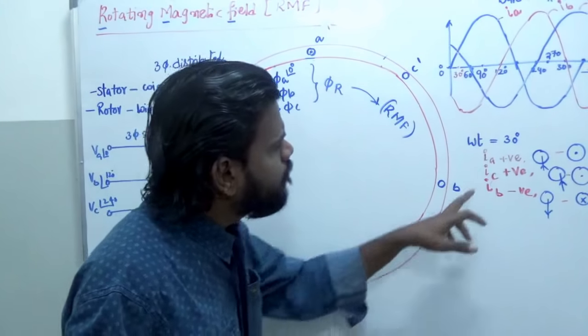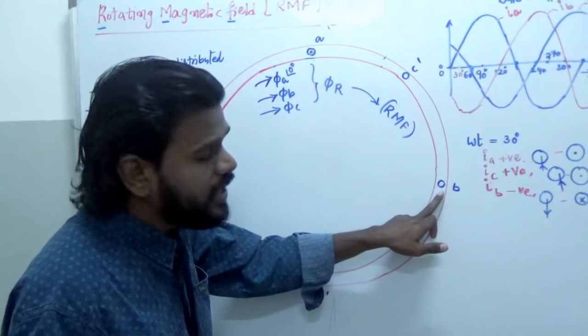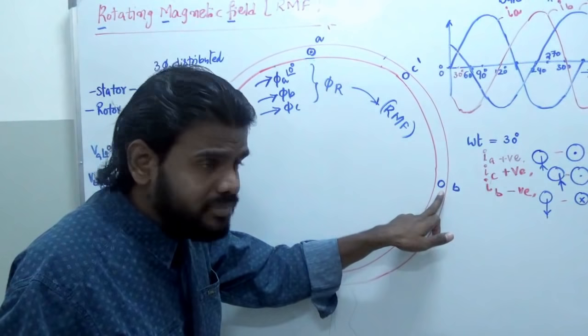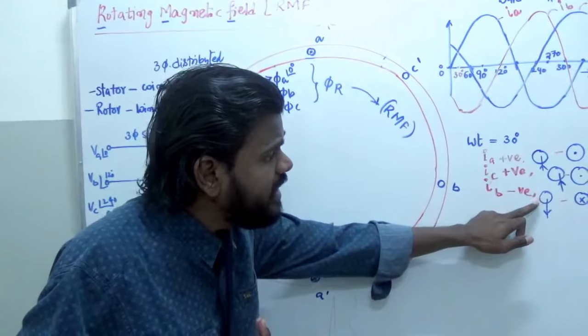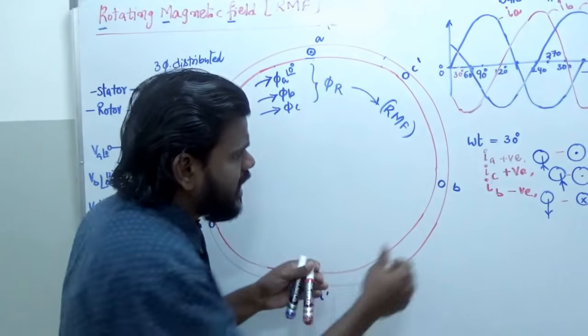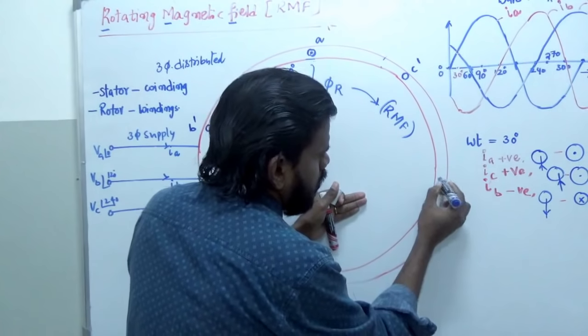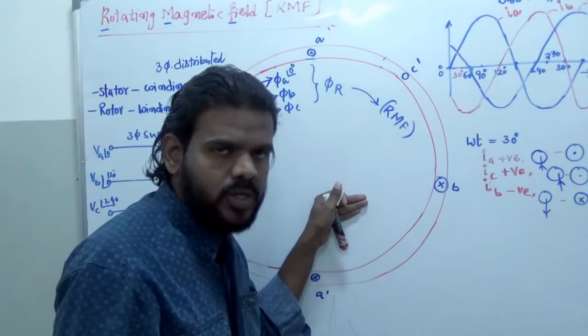What about IB? IB means this conductor, the B phase. Here the current is coming out, since it is negative. If it is coming out, I'll draw a little bigger star, a cross.